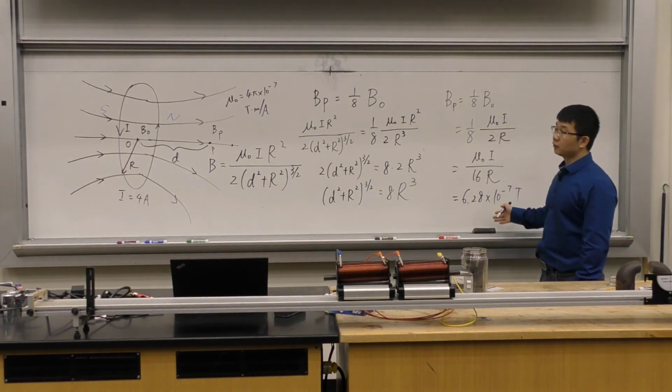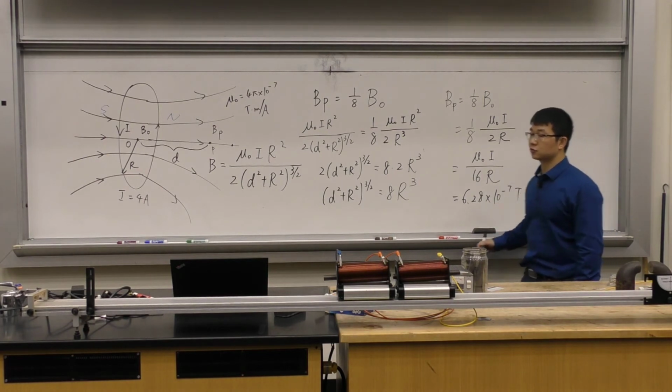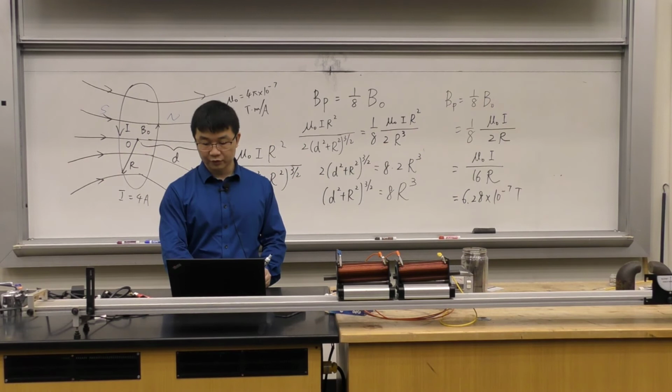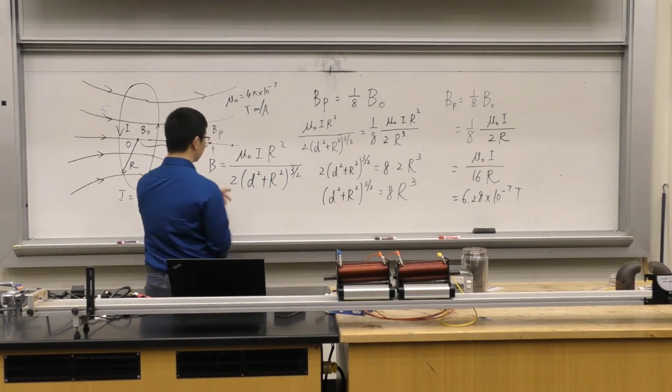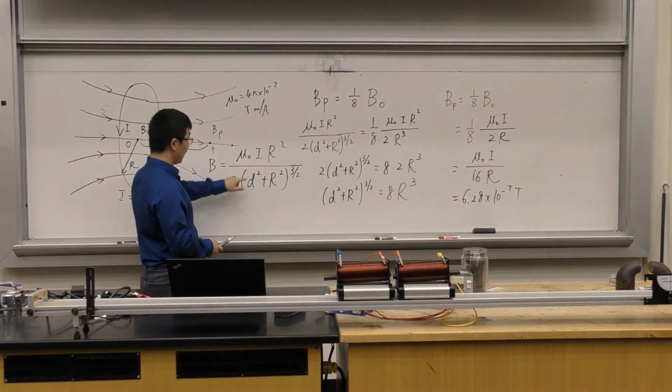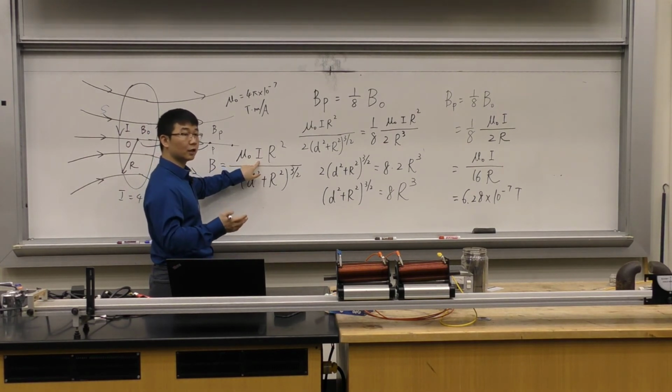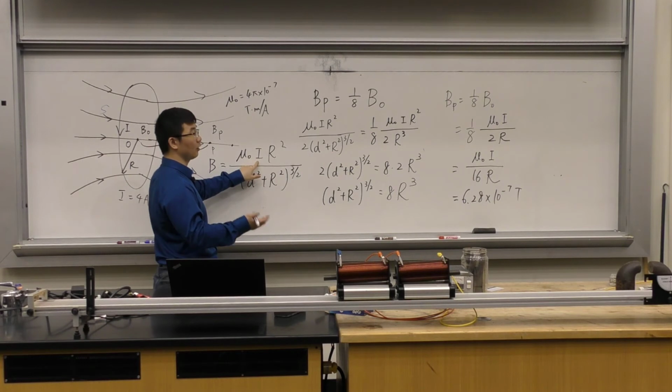So how do I make a significant magnetic field in real life that I can use in a physics experiment? Look at this equation. I could make the current very large, but there's not much you can do, because first of all, increasing current is very hard.